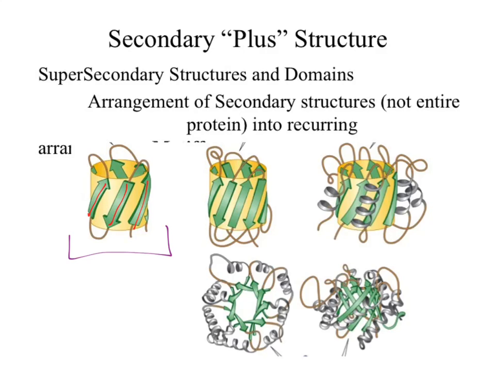Within each of these cases, I could potentially have my amino acid chain come out here, go through another alpha helix, do a couple beta sheets, all that kind of fun stuff. Now that entire picture is my tertiary structure. But if I focus just on that role, now I'm looking at the secondary structure. So it's that gray area between, is it the entire protein that we're looking at to describe what we're seeing, or is it just a section of the protein, regardless of how many amino acids are involved in that? Kind of makes sense?